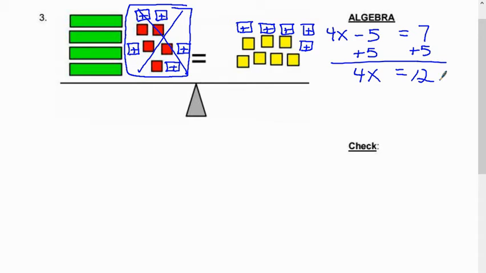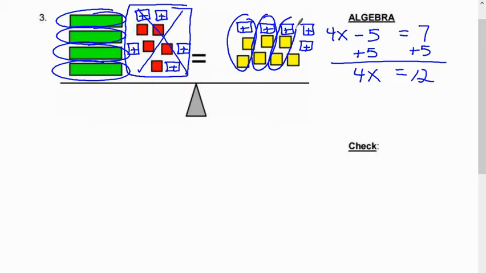All right, so I need to get the value of just one x now. So I'm going to divide the left-hand side into groups where there's only one variable in each group. I need 1, 2, 3, 4 groups on the left, which means I need 4 groups on the right. 1, 2, 3, 4 groups.